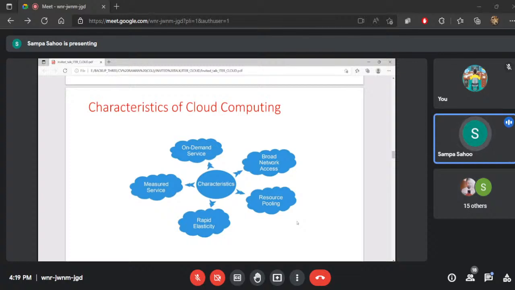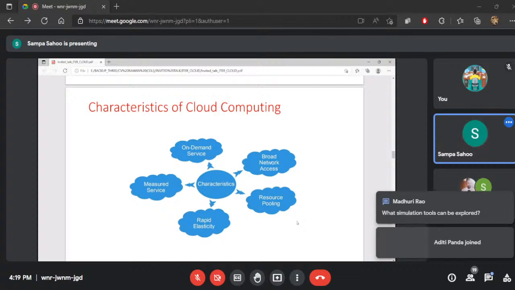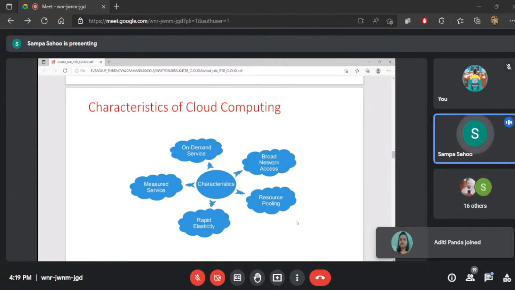How is it advantageous? Consider before the cloud. Earlier you had two servers, now you require two more servers. So what you would have to do, you have to buy these two servers, ask an expert to configure them, and maintain the network architecture.